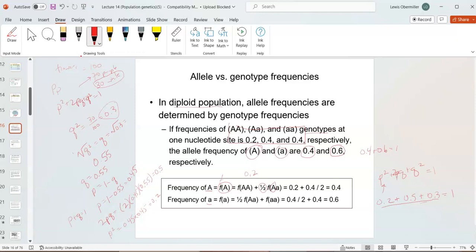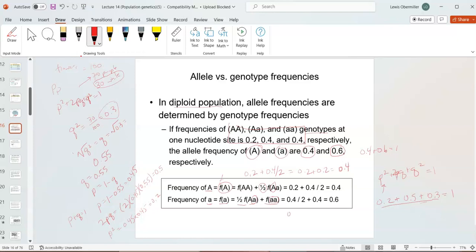So that would be plus 0.4 divided by 2, which is 0.2 plus 0.2, which is 0.4. And then the frequency of little a is 1/2 of the heterozygote, because there's only one little a there, plus the frequency of the homozygous recessive, because it has two little a's.